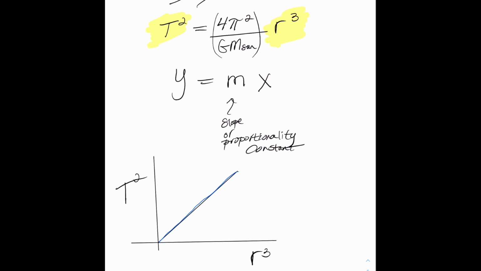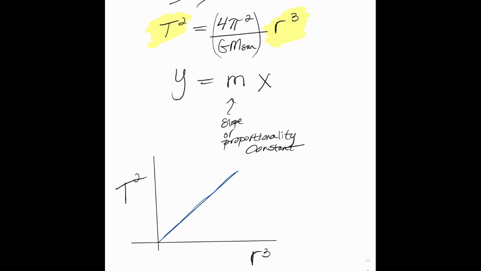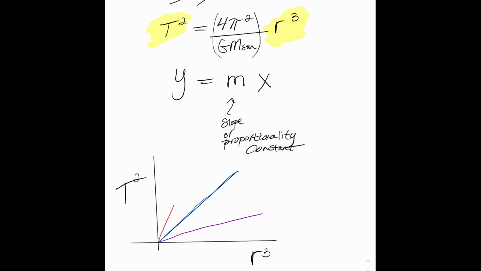And this is what we mean by proportional. Now, maybe it doesn't look like that. Maybe it's this line, or maybe it's this line. But you get the idea. It's a straight line through the origin. The y-intercept is 0.